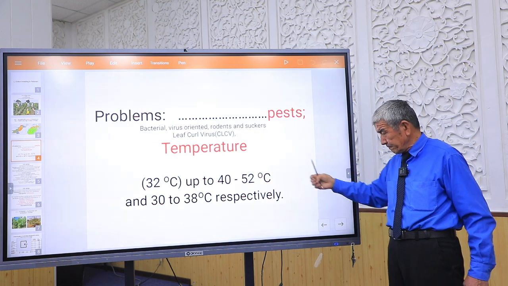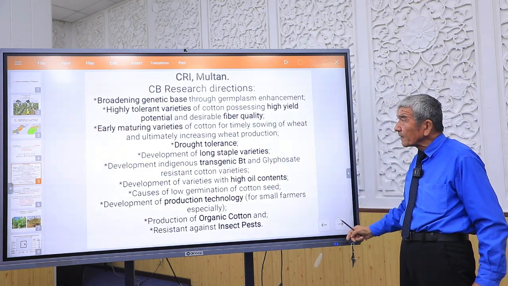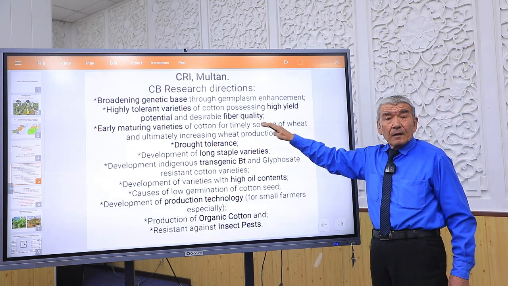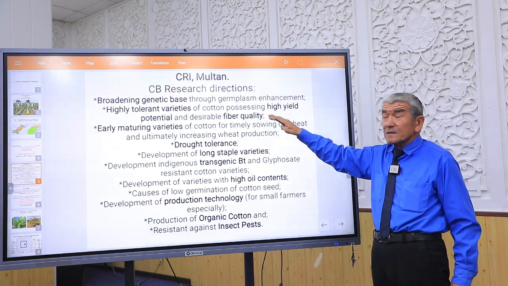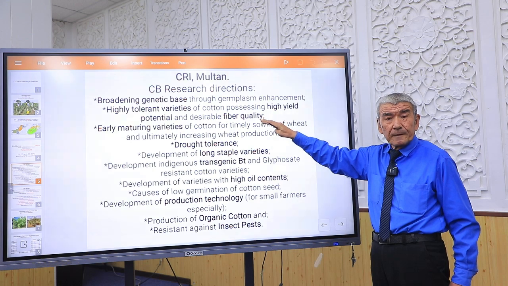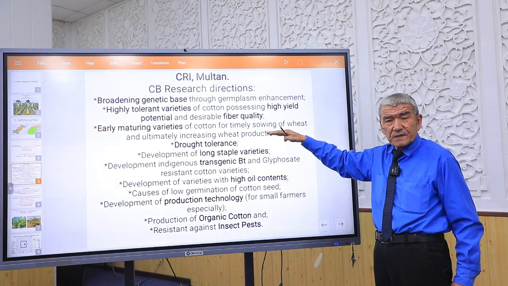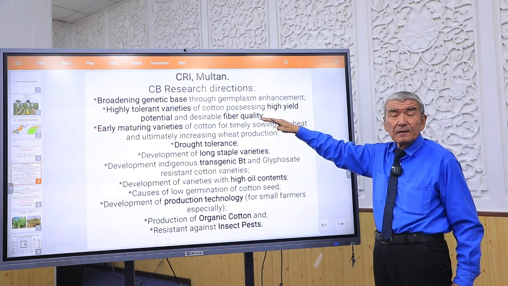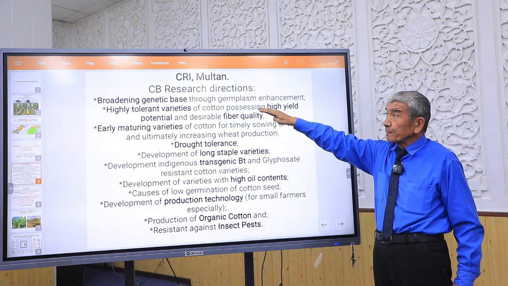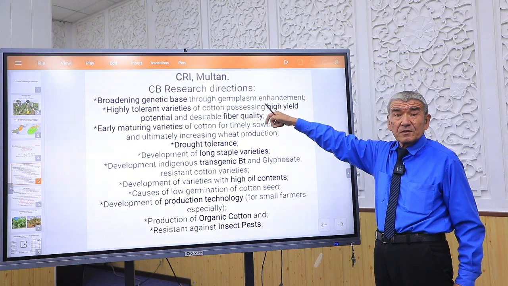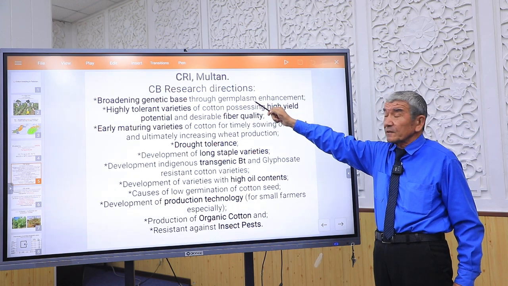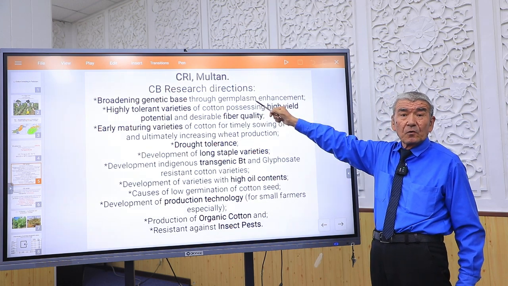We can see further. Cotton growing research is engaged in mainly by this major scientific research institute, the Cotton Research Institute, located in the city of Multan.